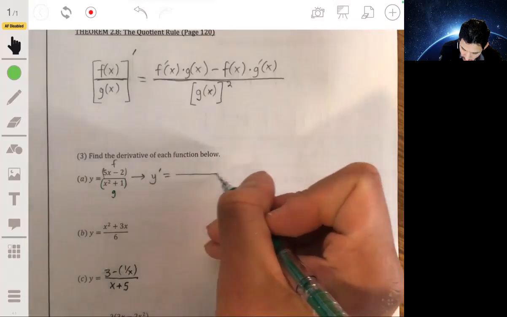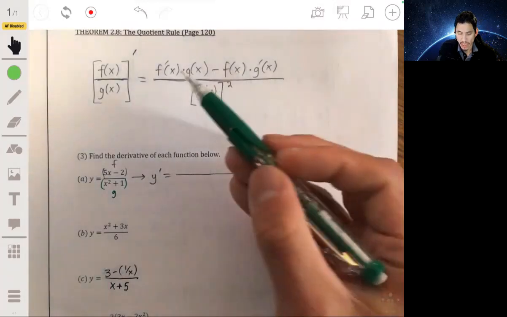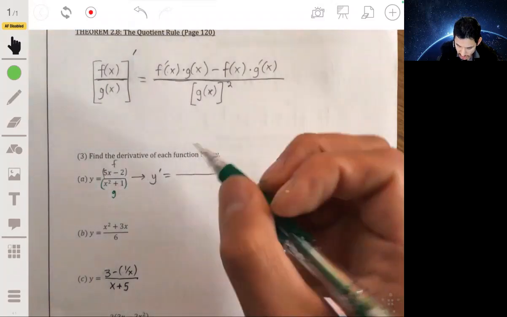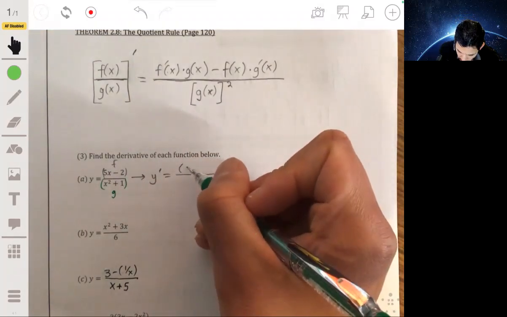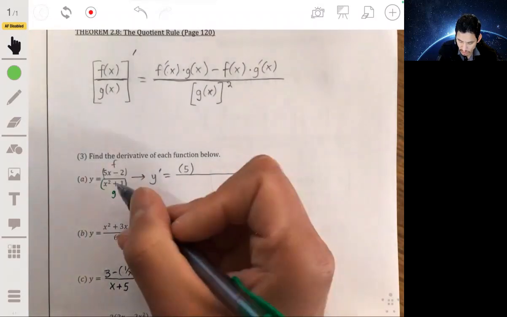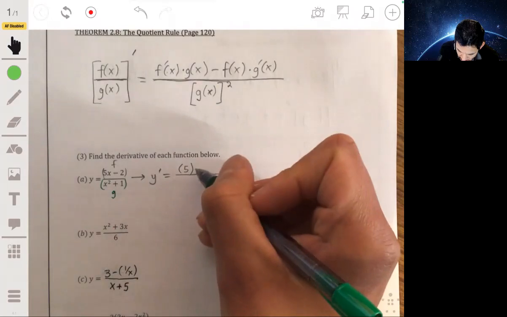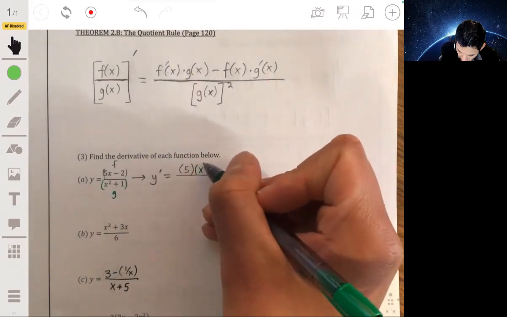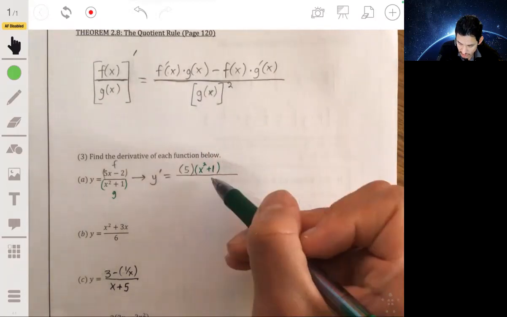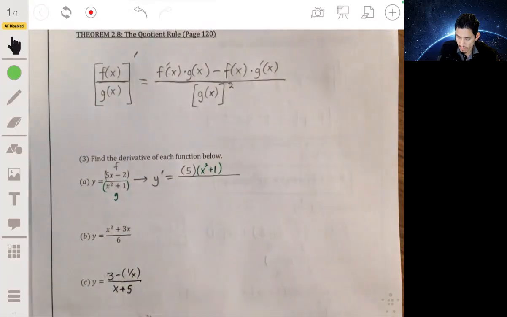That will be equal to f prime, the derivative of 5x minus 2, which is 5, multiplied by just g of x. We keep this as is, so x squared plus 1.